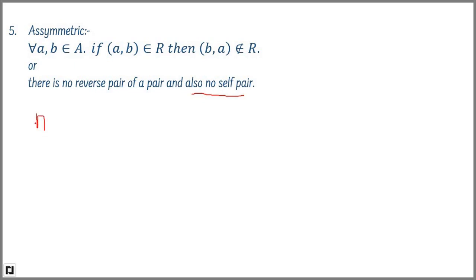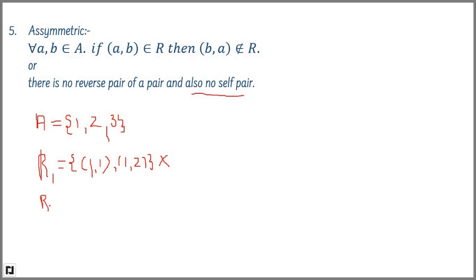If we have a set A which contains elements 1, 2 and 3, and we have a relation R1 which contains pairs (1,1) and (1,2), so the relation R1 is not asymmetric because it contains a self pair.